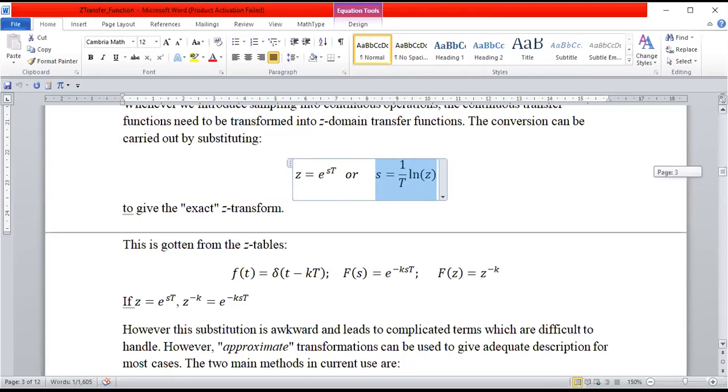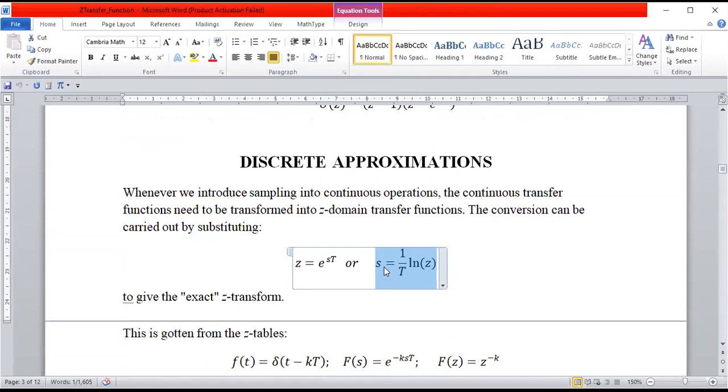Using this relationship is kind of messy.